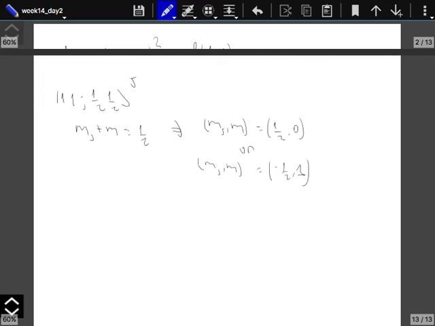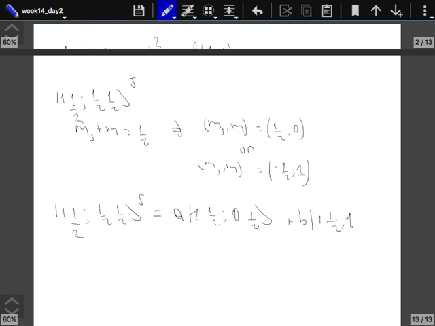So if I try to write that ket, it should be some number A multiplied with 1, 1/2, 0, 1/2, plus some other number B times 1, 1/2, 1, minus 1/2. These are the two possible kets that can make that ket, in the LS space.